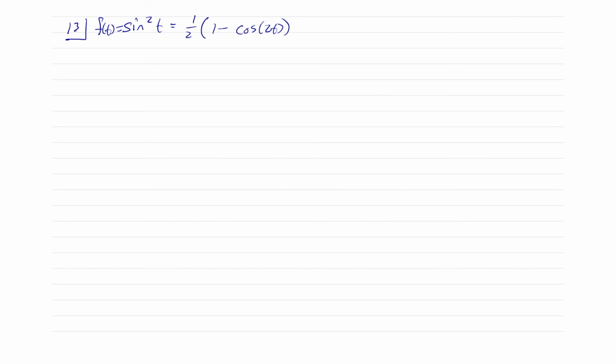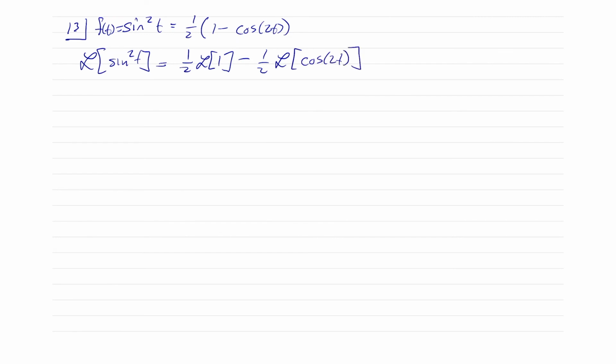So using the half-angle formula, taking the Laplace transform of sine squared of t is going to give me 1/2 Laplace transform of 1 minus 1/2 Laplace transform of cosine of 2t.